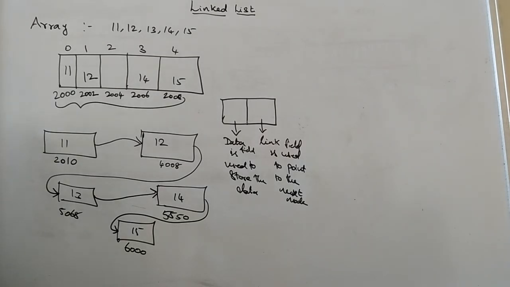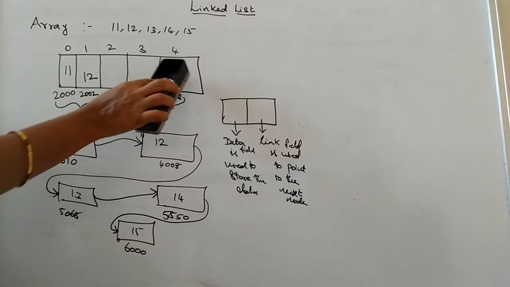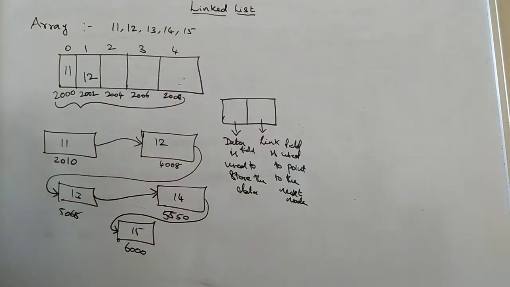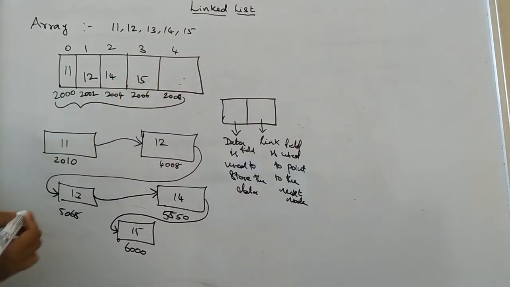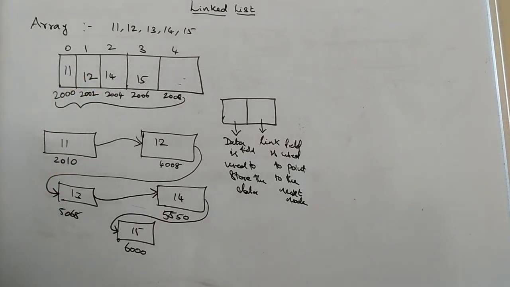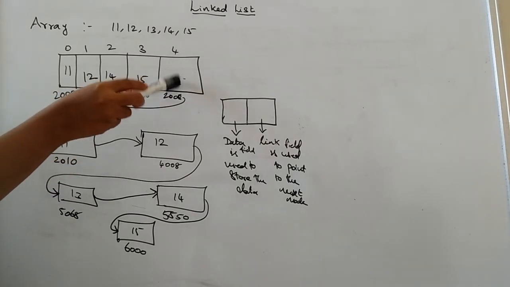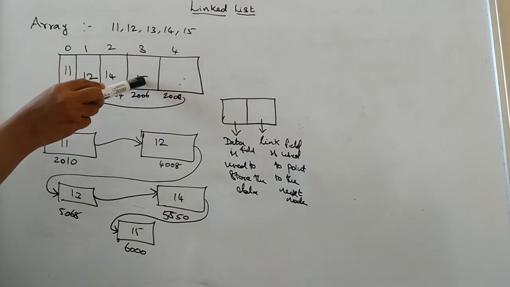To make use of this space, I should move all the elements, for example 14 will come here and 15 will come to this location. In case I wish to store 13 in between 12 and 14, at first I should move 15 to this location, and then I should move 14 to this location.